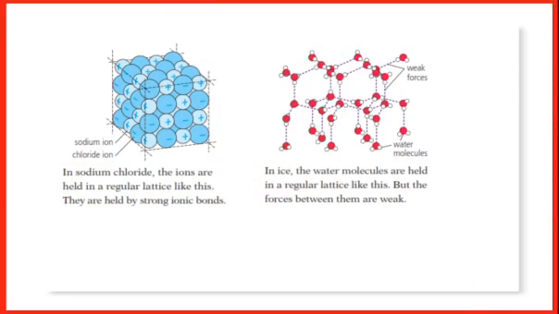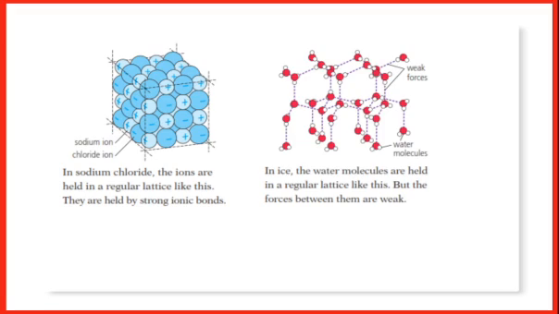If you carefully look at the lattice of sodium chloride, you will discover that the lattice is made up of positive charges alternating with negative charges, and the particles are compacted, showing that the force of attraction is very strong.